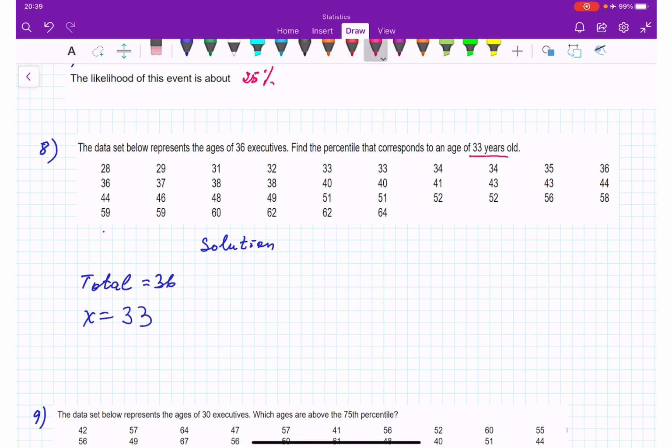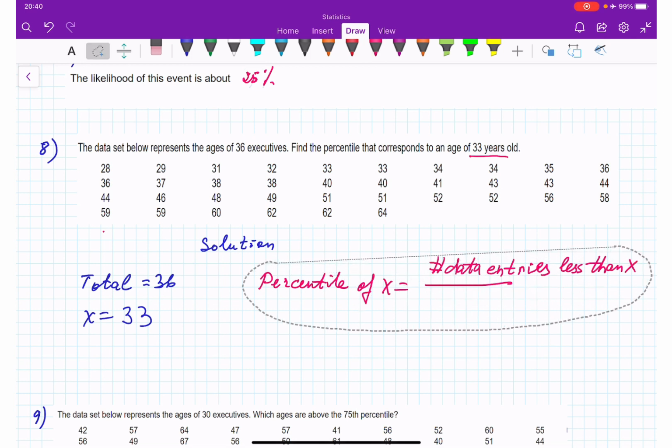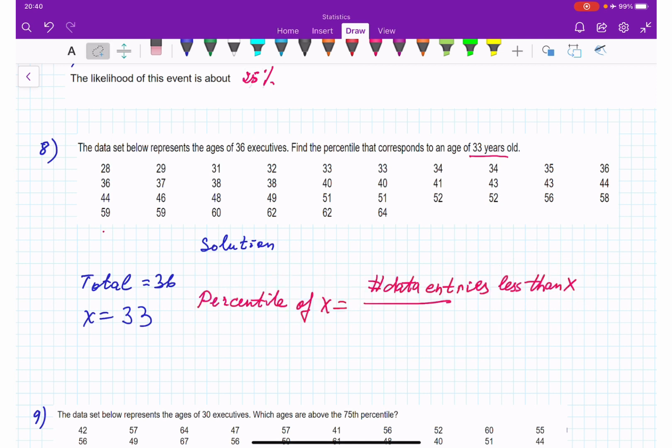Okay, so the percentile of X is equal to the number of data entries less than X, divided by the total number of entries.